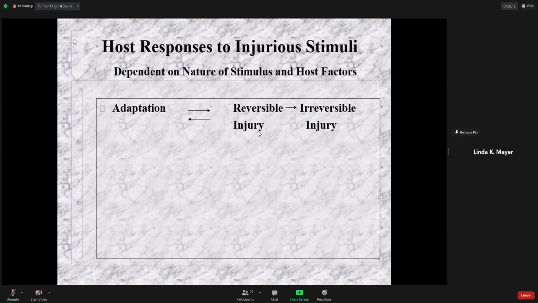Or it could be a reversible injury where some of those branches, as an analogy, are broken off, but the tree survives.